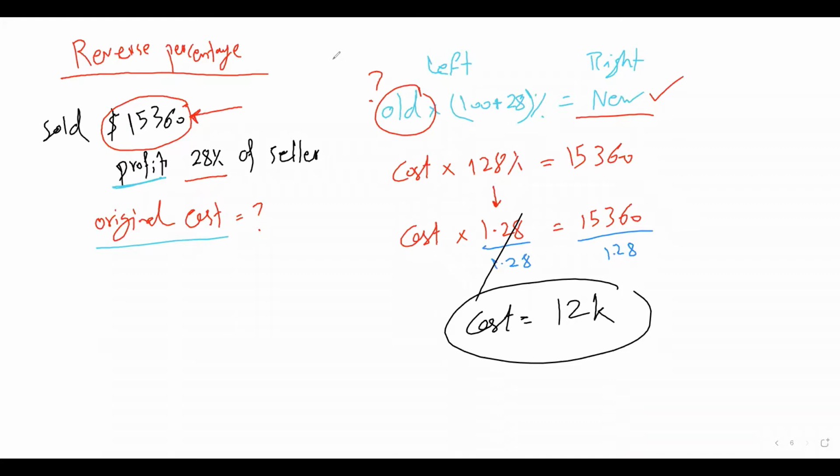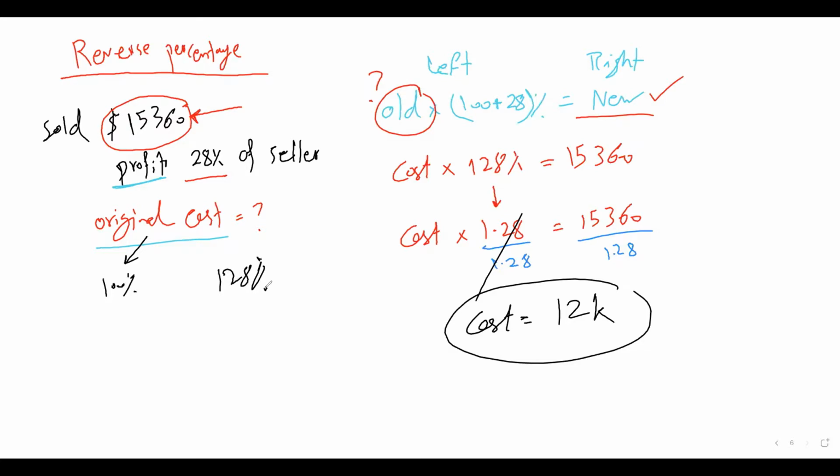What you need to do is, since we have a profit of 28%, the selling price is 128%. So again, I repeat, if you make a profit of 28%, and the original cost is 100%, the selling price is 128%. That makes sense because profit is an increase.